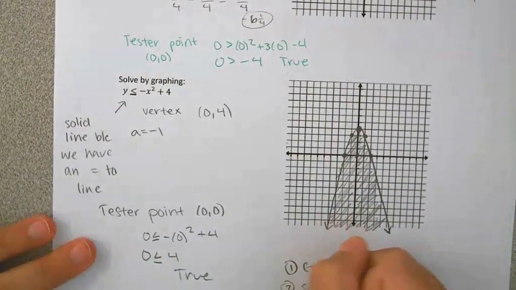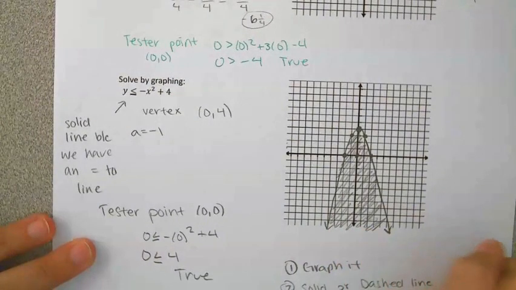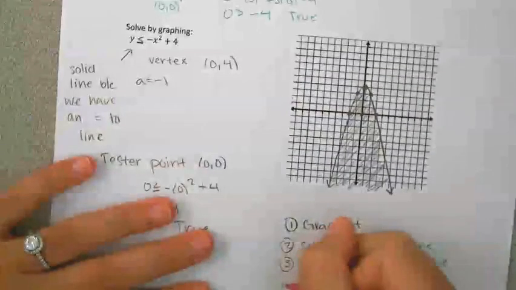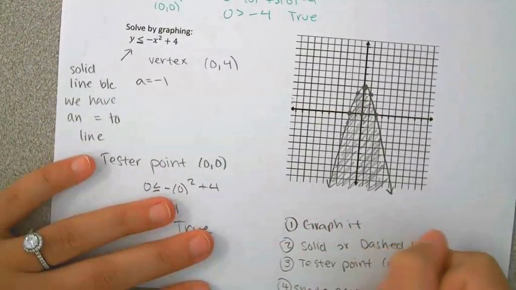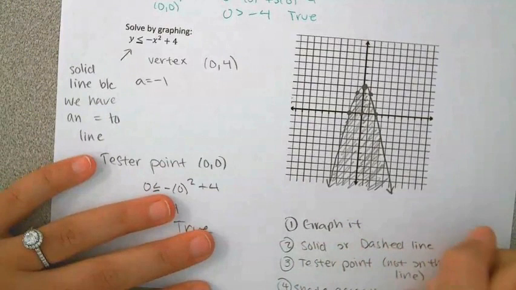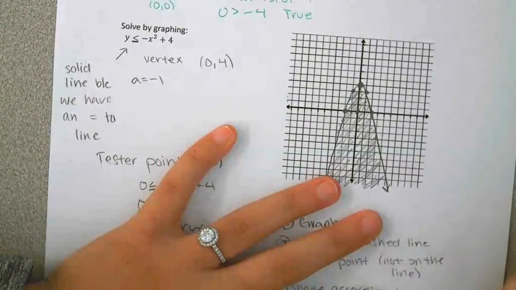Then you're going to pick a tester point that's not on the line. (0, 0), as I said, is always a good option. And then you're going to shade according to your tester point.